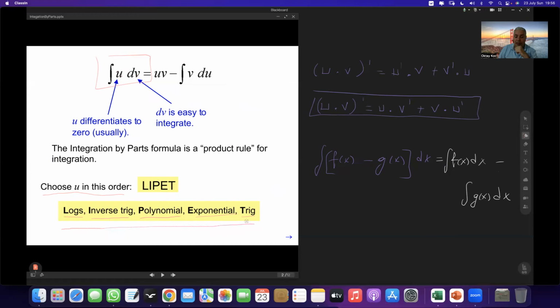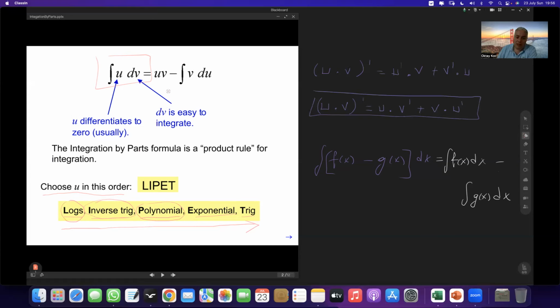If I draw an arrow, logarithm is first. If there is no logarithmic part, we look for inverse trigonometric and call it u. If not, polynomial, we call it u. If not, exponential, and then the trigonometric one.